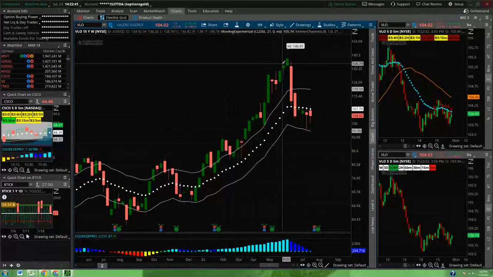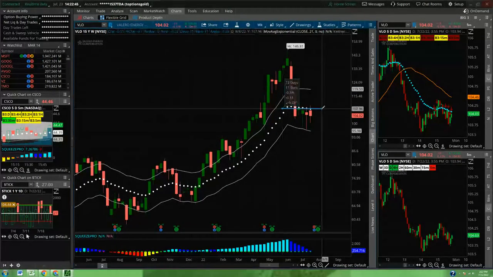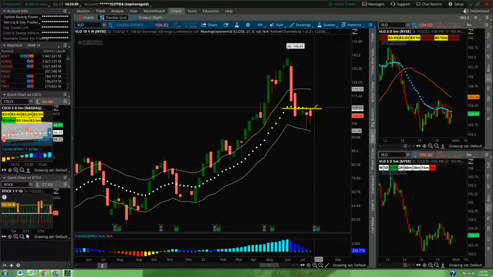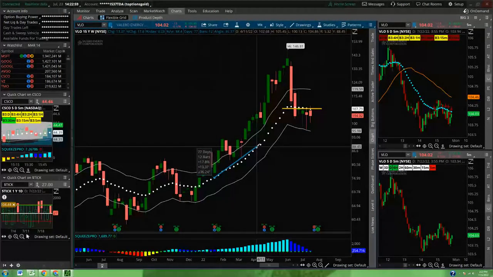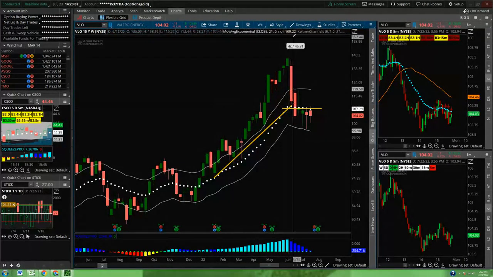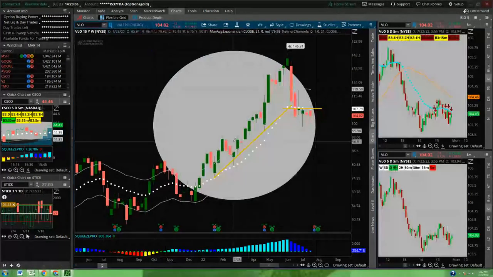That makes sense, guys? Right now, the chart of Valero on the weekly chart, it's not bearish. It's not bullish. This weekly chart's not trending above the 21 EMA. This weekly chart doesn't have positively stacked EMAs. The 21 EMA is not pointing to the upside anymore. With that kind of weekly trend structure momentum, I want to operate on the daily charts.